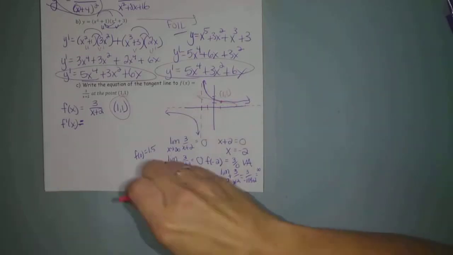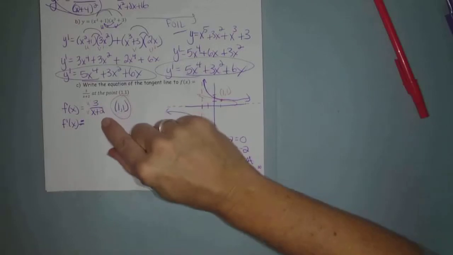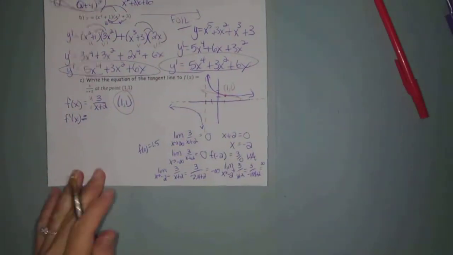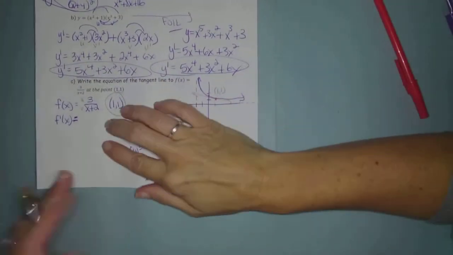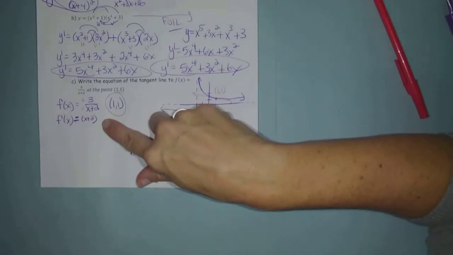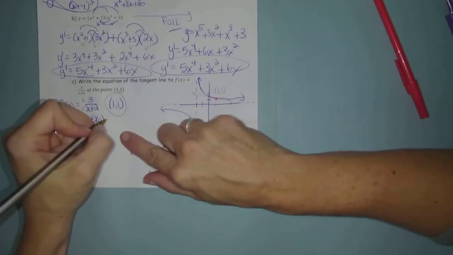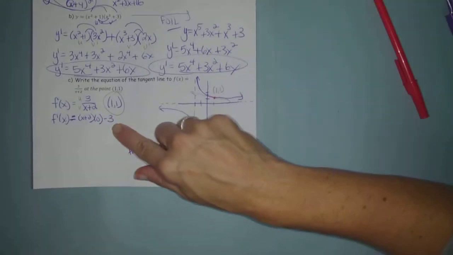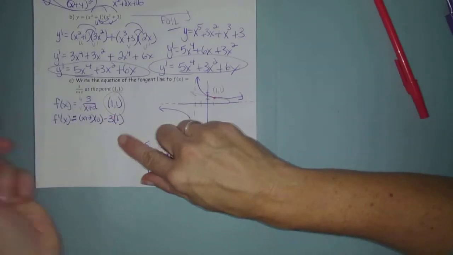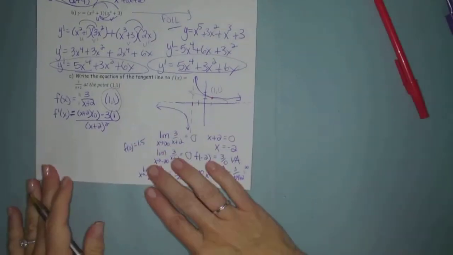Okay? u and v. So, the derivative of this quotient, the slope of the tangent line to this graph at any point, is going to be given by the denominator, x plus 2, times the derivative of the numerator, 0, minus the numerator, 3, times the derivative of the denominator, which is 1, all over the denominator squared.